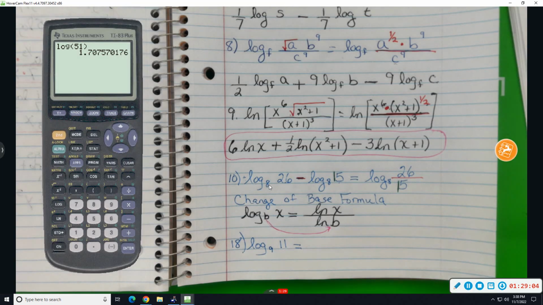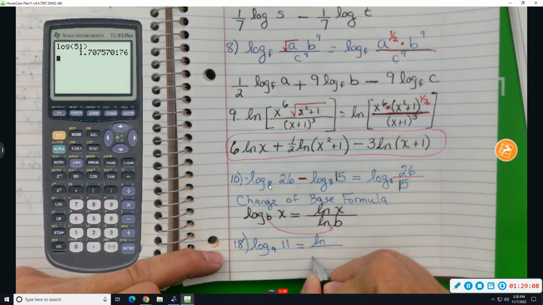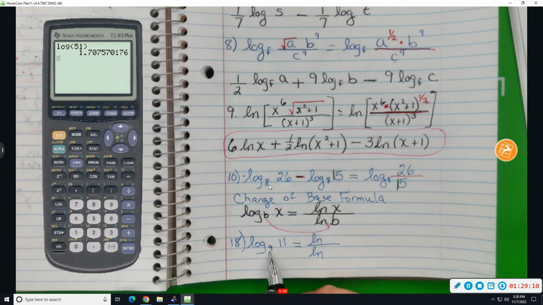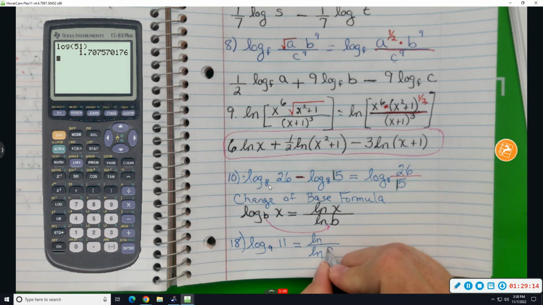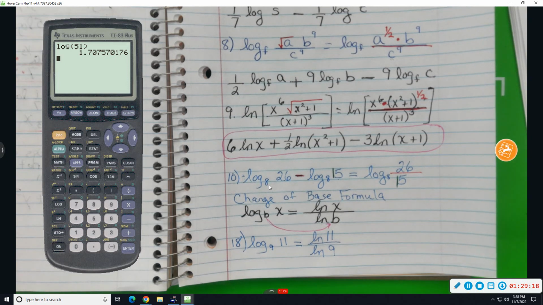Exactly. Did y'all hear that? It's going to be ln over ln. The number that's written lower, that's the little subscript, is the one that goes on the bottom. So you've got to remember which number goes on the bottom.